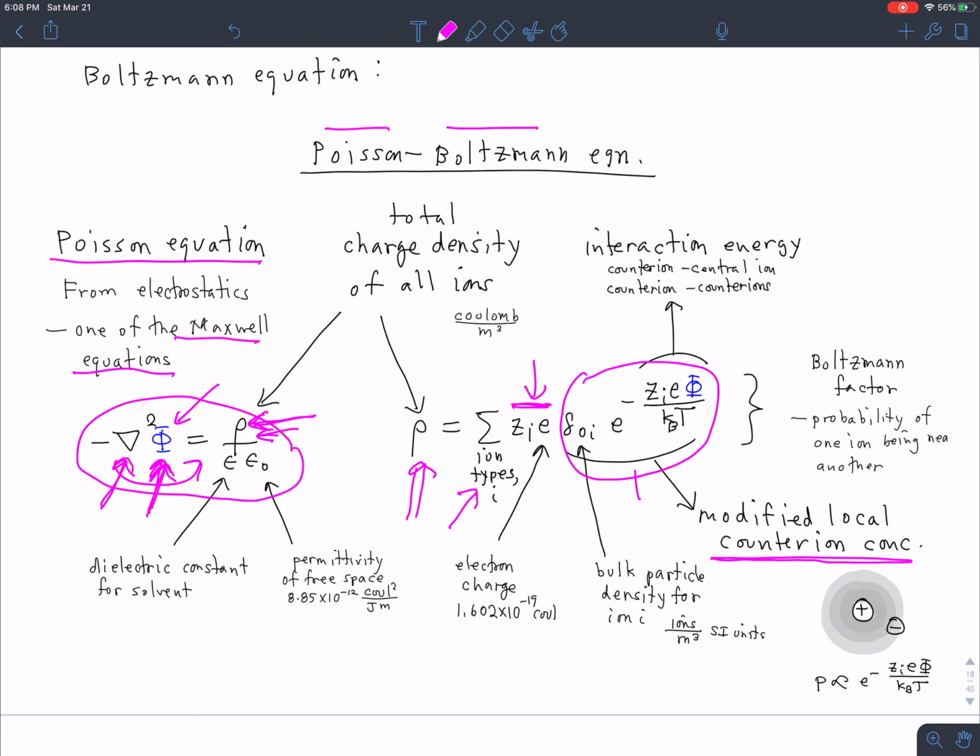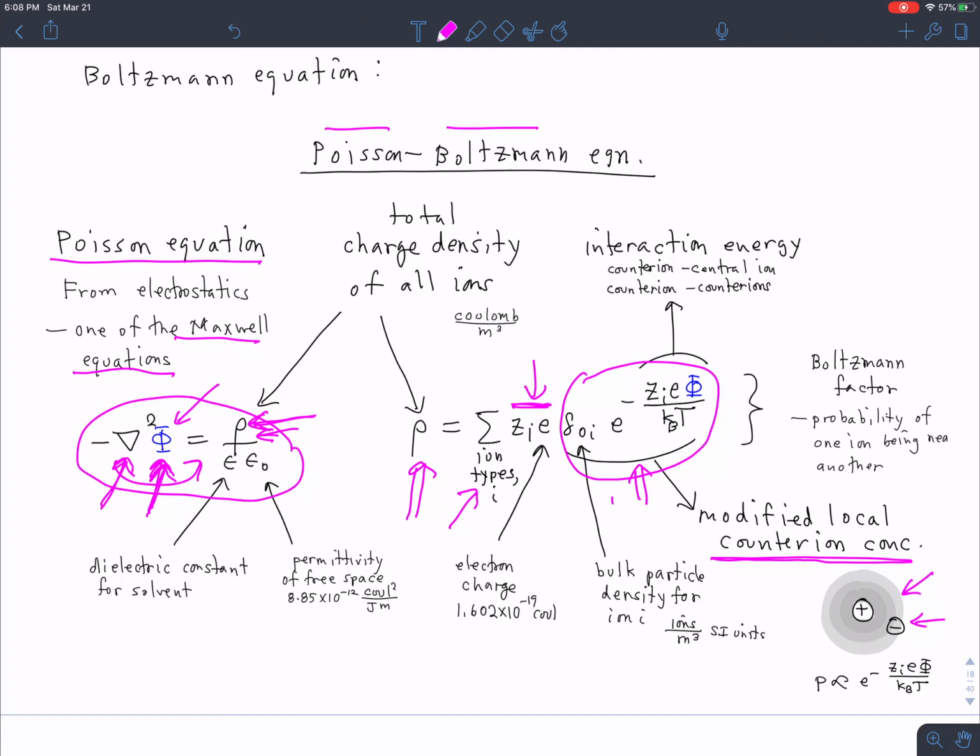In other words, this part of it is accounting for the fact that there ought to be more minus charges near this plus charge than there would be in bulk solution, and vice versa. There ought to be more plus charges near every minus charge than there is in ordinary solution, in bulk solution.